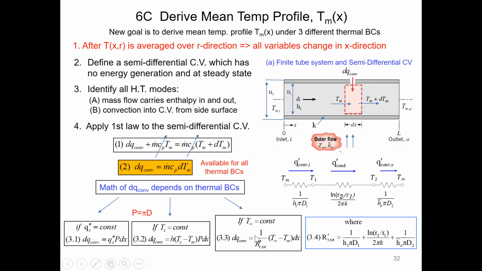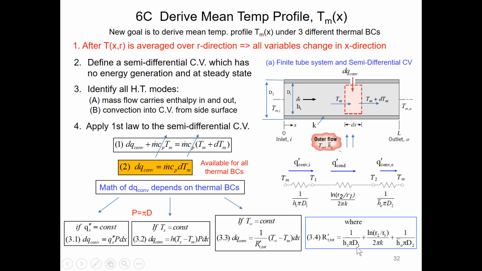Third, if the thermal boundary condition is constant external flow temperature, the convection heat rate is best represented by the temperature difference times the differential distance dx divided by the total thermal resistance, which is defined in equation 3.4.